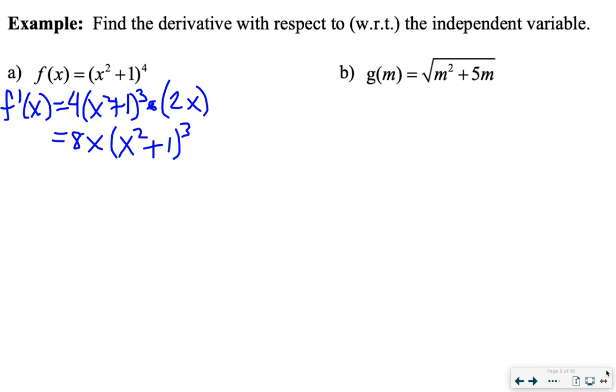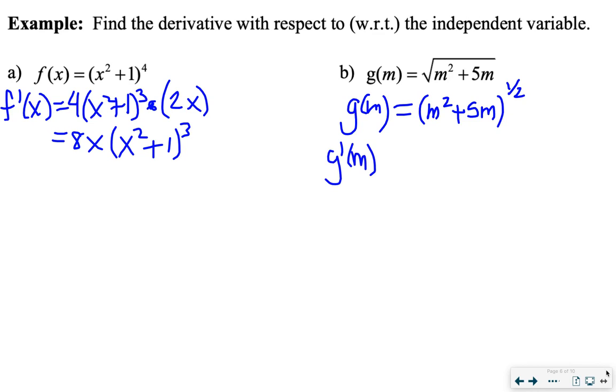Okay, so let's first rewrite g of m with a rational exponent. M squared plus 5m, the exponent of 1/2. Okay, so now I can take my derivative, g prime of m, so use my power rule.